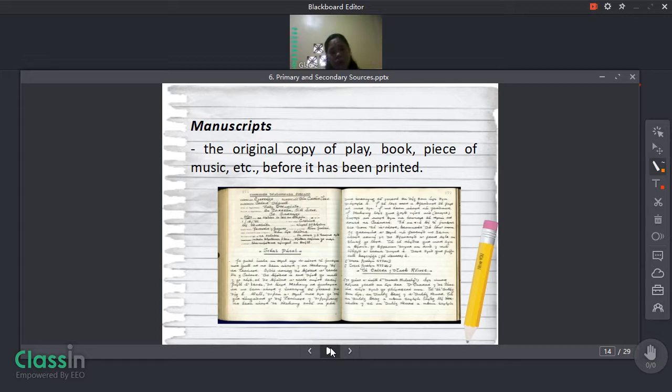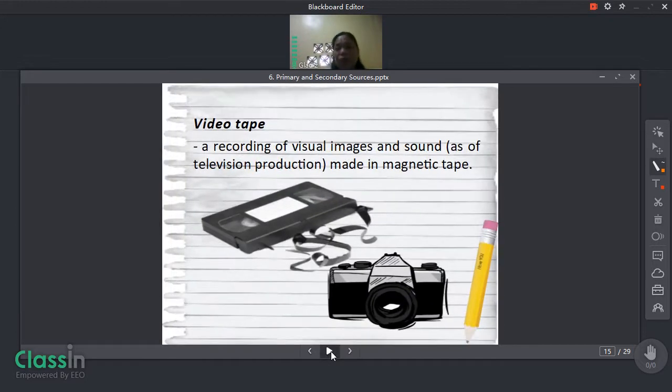When you write stories, plays, or novels, that is also called a manuscript, considered a primary or first-hand account of an event. Next is the videotape. Once you are taking videos, like when you are celebrating your birthday, the video recording that you take is considered a primary source of information.